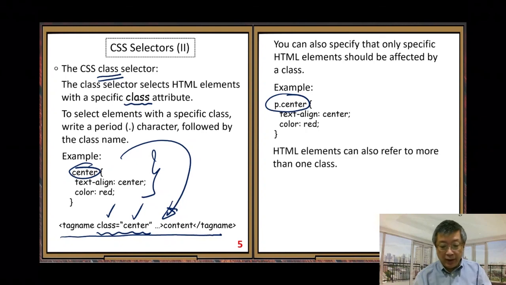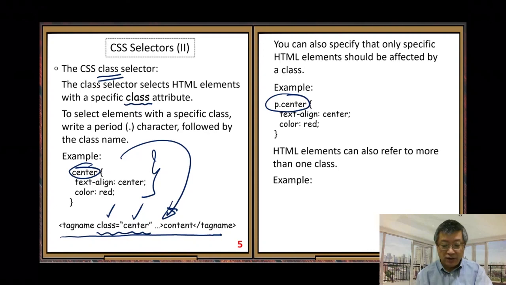And another way: HTML elements can also refer to more than one class. So what do we mean? For one particular element, when we apply CSS rules, we use the class way, right? When you use the class way, you can use more than one class. Class 1, class 2, class 3, and so on.